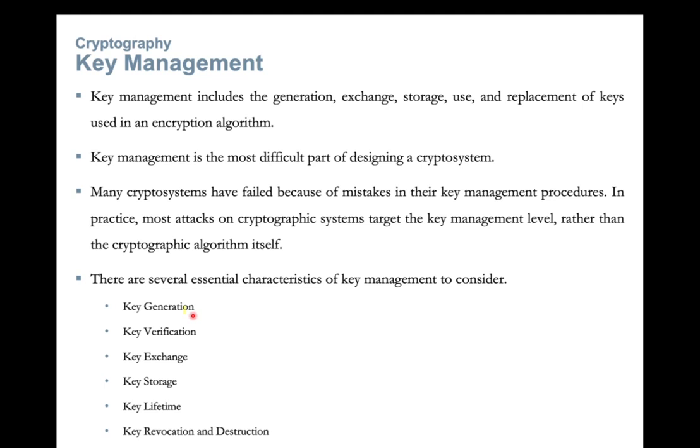In a modern cryptographic system, key generation is usually automated and not left to the end user. The use of good random number generators is needed to ensure that all keys are equally likely to be generated, so that the attacker cannot predict which keys are more likely to be used.